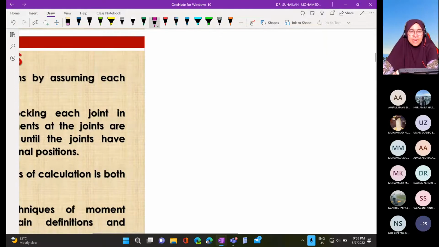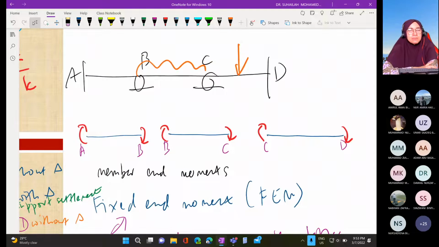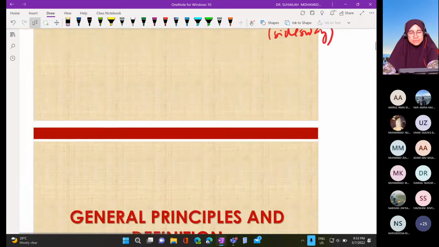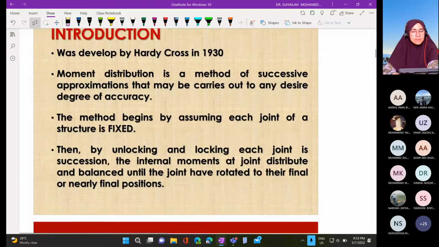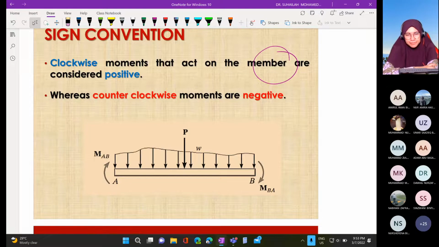So the diagram that I have shown to you previously means that at the beginning of the analysis, when you are given an indeterminate beam, a continuous beam, and the question is to calculate member end moments, firstly you have to set in your mind that the member end moments refer to all these clockwise moments that act on the member. Clockwise moments that act on the member are considered positive.